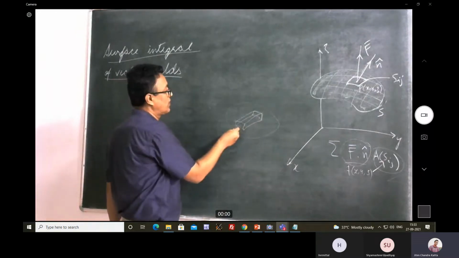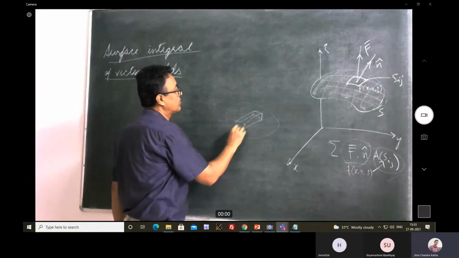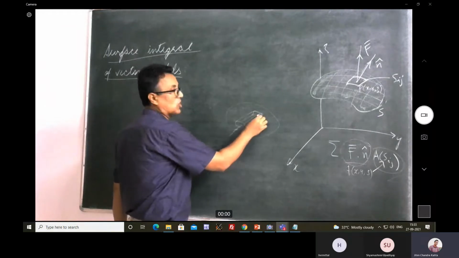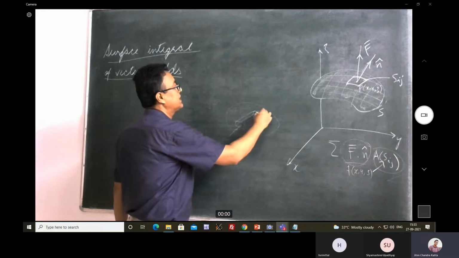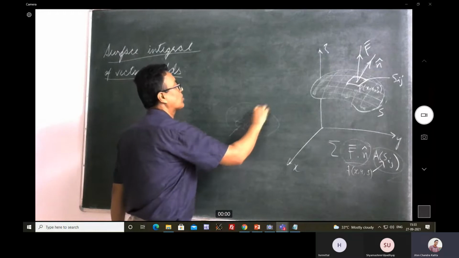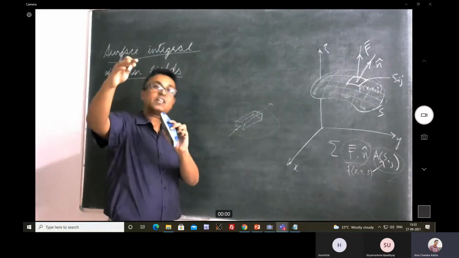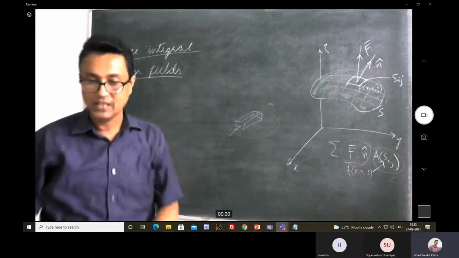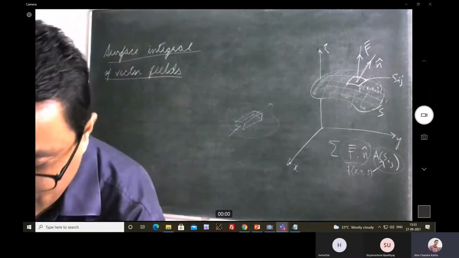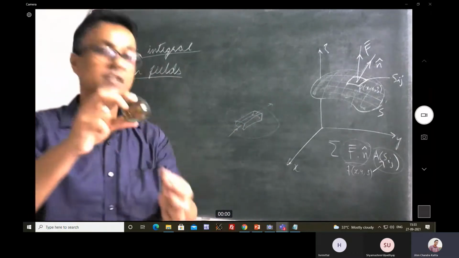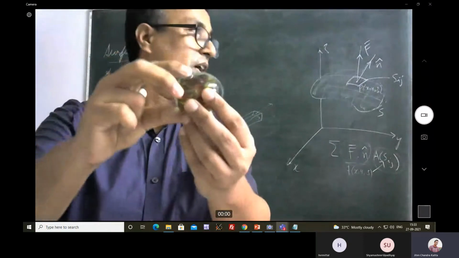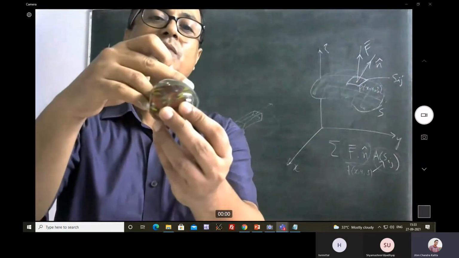Basically, the water is going to enter this column, and then it is going to come out of this column from the other side of the surface. Are you getting the point? Say suppose I'm considering this as a closed surface.